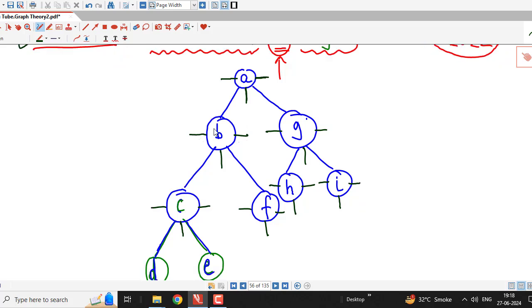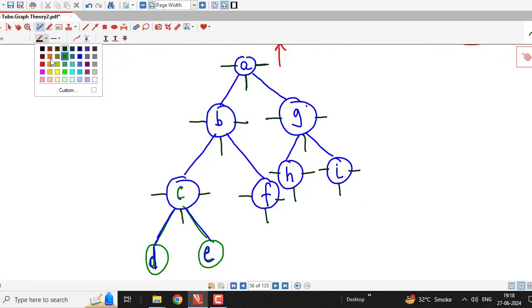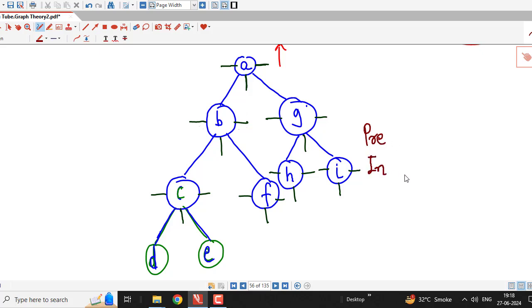Now I am considering a closed curve which will traverse all the nodes. So I start with A, and here I will be writing the pre-order, in order and post order traversals. Whenever the curve touches the line to the left of a vertex, we write that vertex in pre-order.